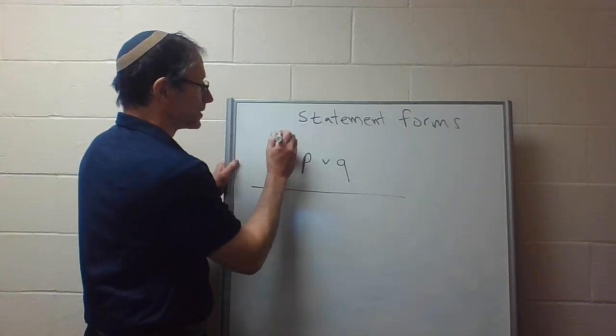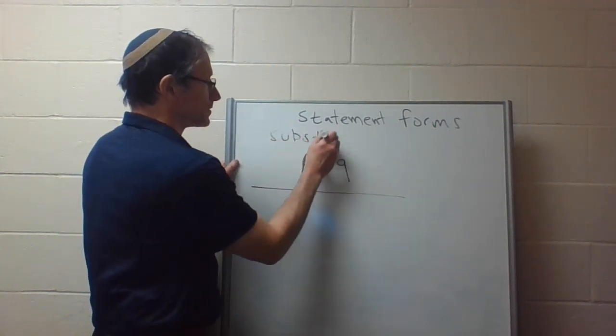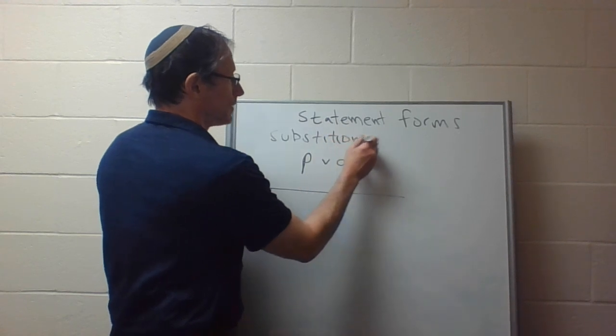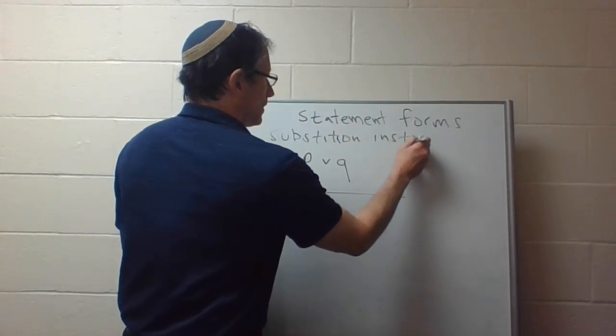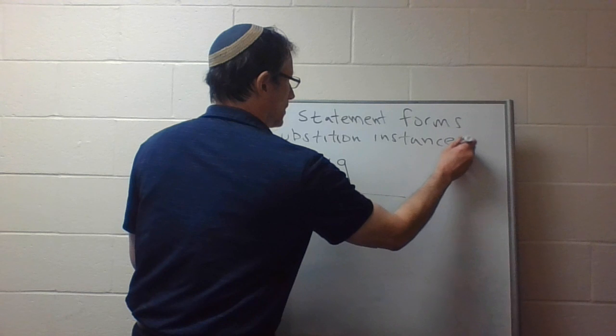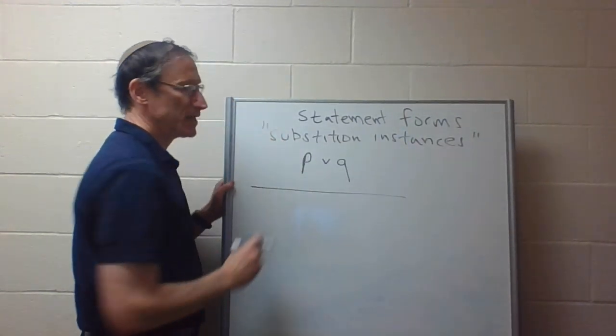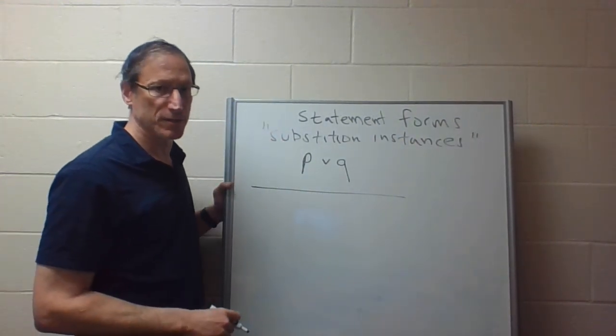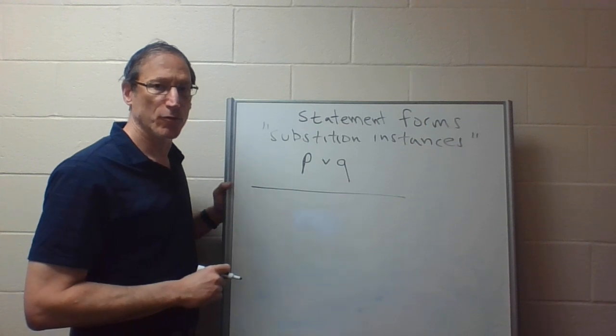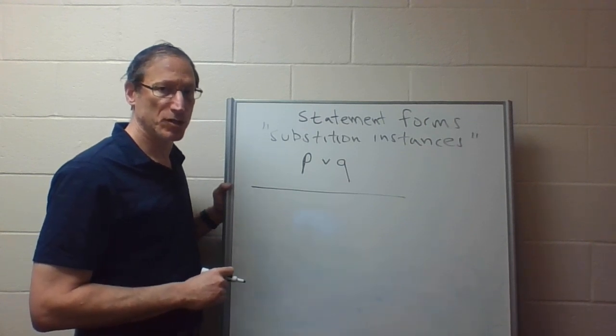Okay, the term I'm using now is substitution instances. There are going to be many substitution instances of this form P wedge Q.